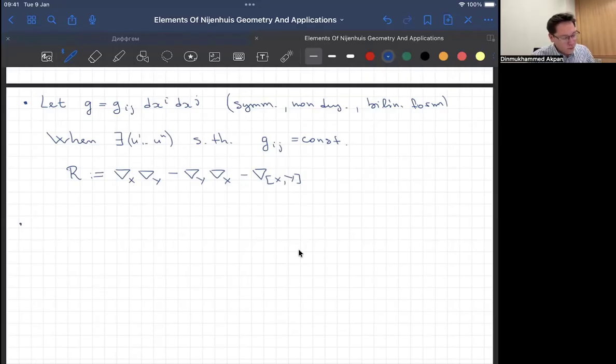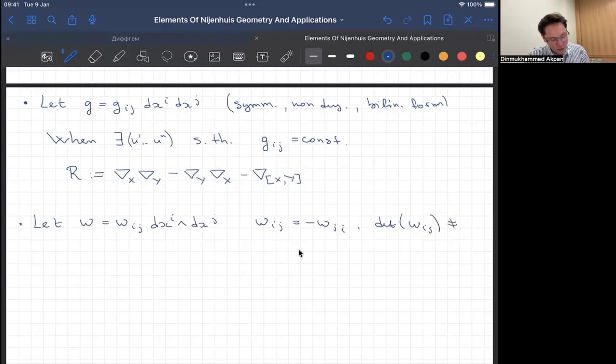Next, a very good example: now we have a skew-symmetric form, ω_ij equals minus ω_ji, and non-degenerate. When is this form flat, when can we bring it to constant form?